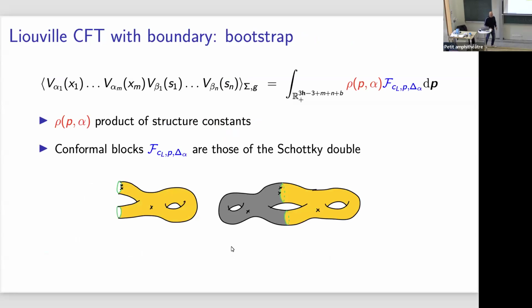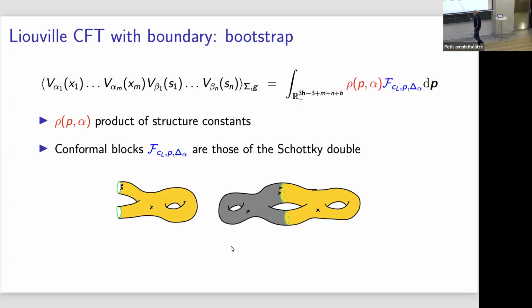Okay, I won't discuss so much, but the outcome of this story is that if you want to compute this correlation function, the S means here that you are on the boundary, just different notation, boundary points. So the S are here, the X are here. You have the same type of bootstrap formula, of course under this condition here, except that now you don't have the modulus squared, you only have the conformal blocks.